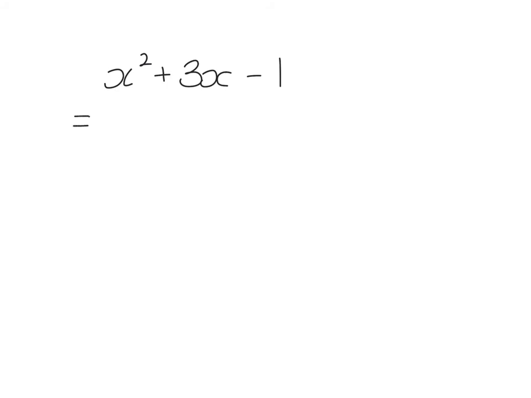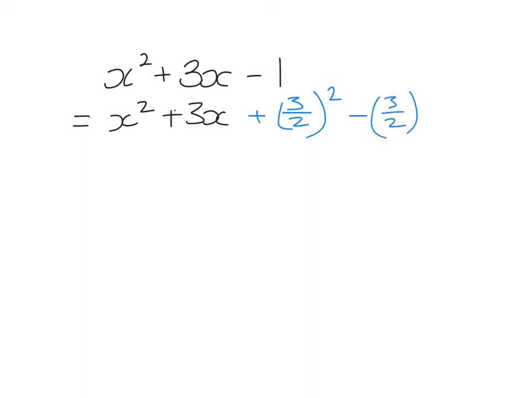So equals x squared plus 3x. This isn't an even number. We're going to deal with some fractions. So it's going to be plus 3 over 2 squared, take away 3 over 2 squared, take away 1.